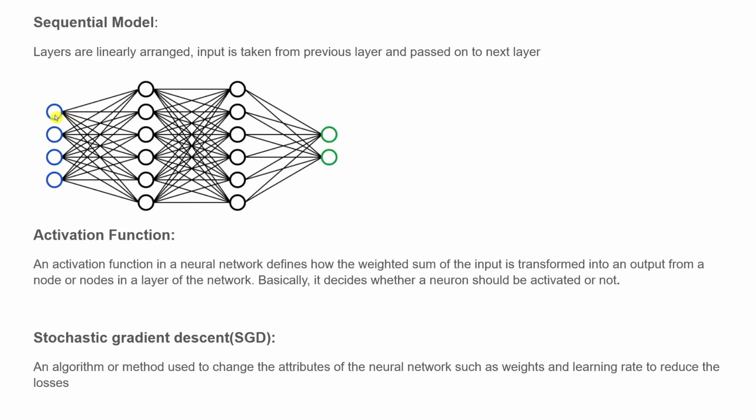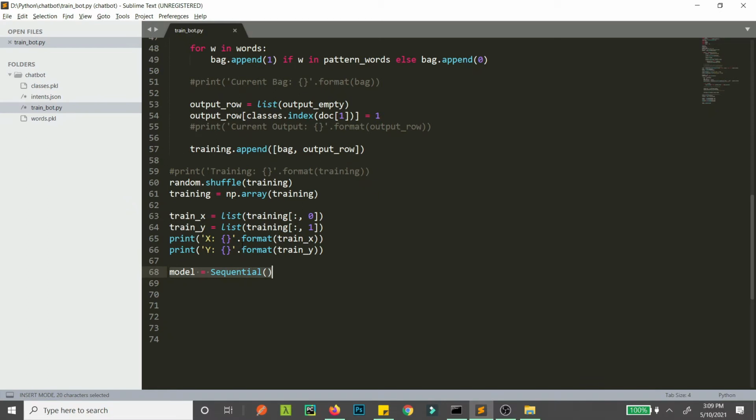We are taking input of one layer, generating output, and that output is passed on to another layer. So this is linear. A sequential model contains linear layers, and each layer takes inputs from the previous layer and gives its output to another layer. All right, so this is very simple. This is what we'll be creating.